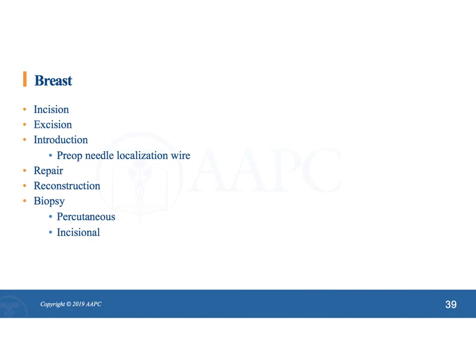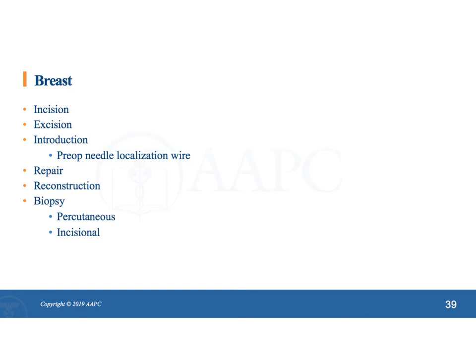These are divided by percutaneous meaning through the skin, or incisional, with or without imaging guidance. Imaging guided breast biopsies include the placement of localization devices when performed. When an image-guided placement of localization devices are performed without a biopsy, code range 19281 to 19288 are reported.